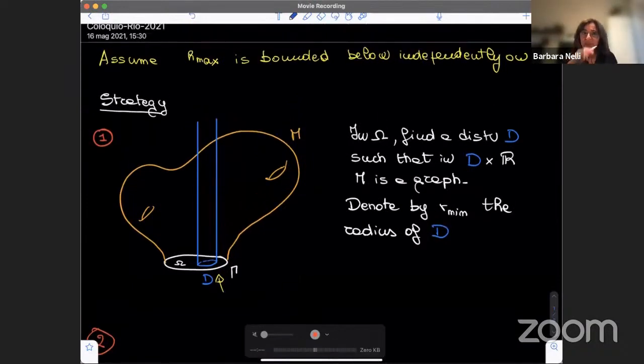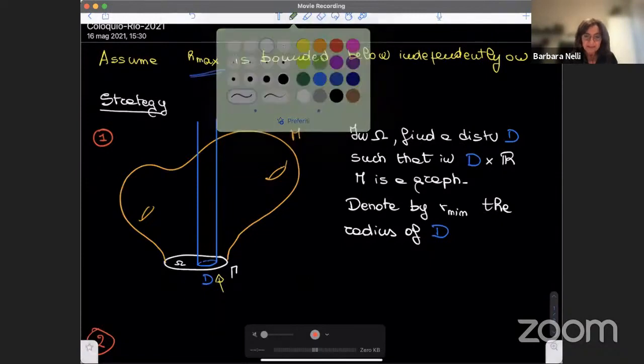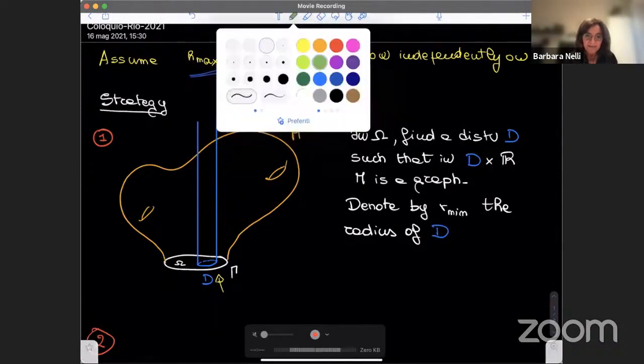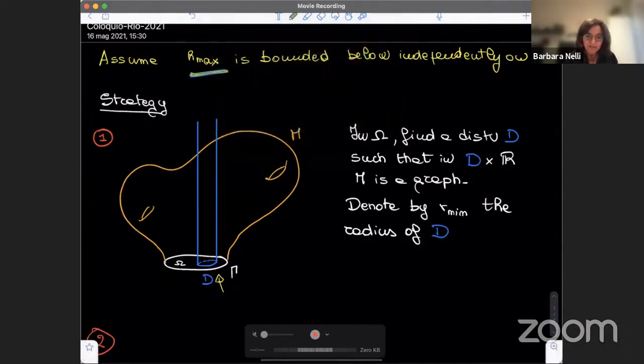So the proof, in fact, I will do just one case of the proof, the most interesting one. You have this surface M, as in the assumption, with boundary gamma, and I assume that H max of M is bounded below.